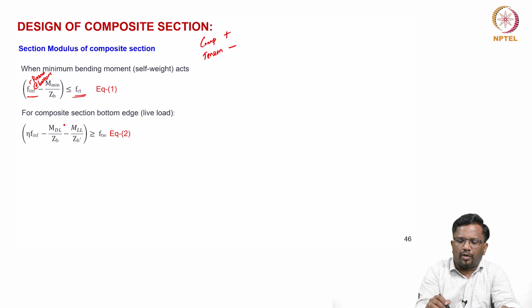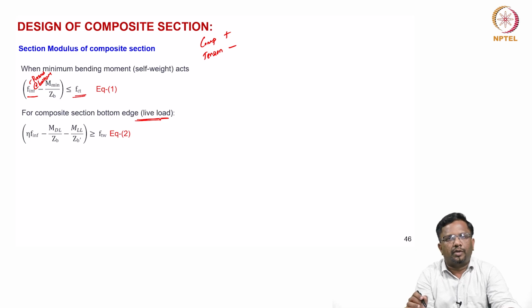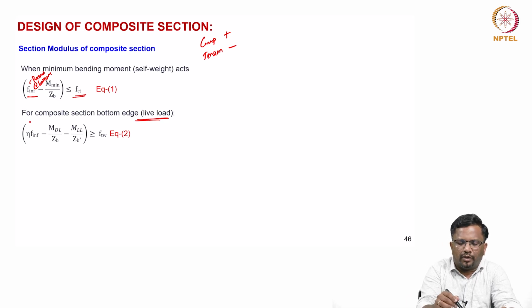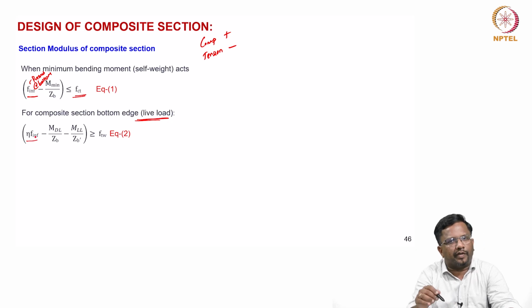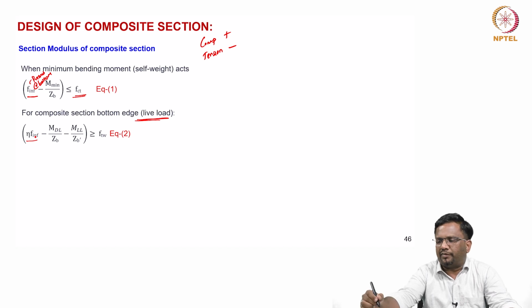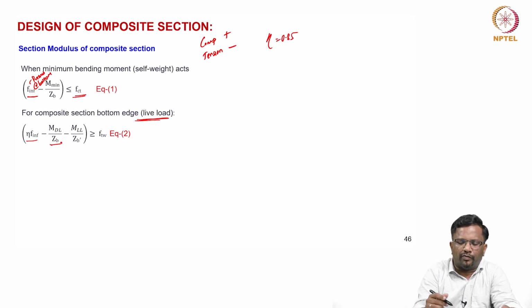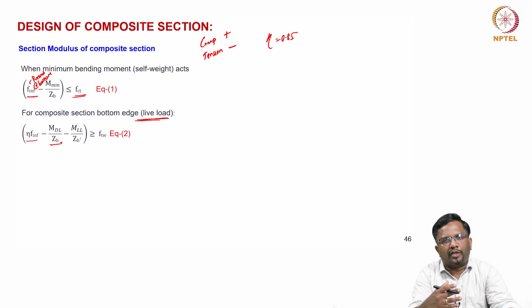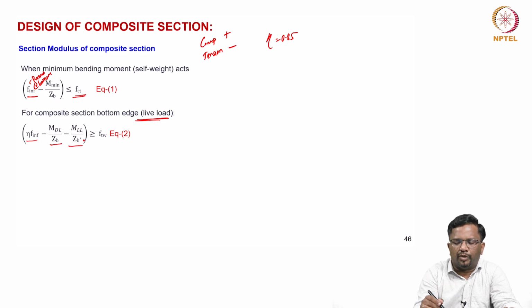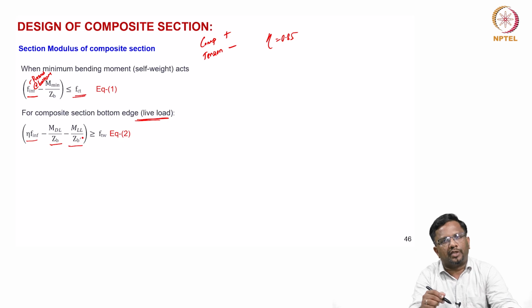Now for the composite section, when you have live load also, the available pre-stress will be reduced by the eta factor, because now the losses have already happened. Eta factor, as you've seen, we usually take as 0.85, and that is compression positive. Again, the dead load moment will reduce the net compression, then the live load moment will further reduce the net compression.